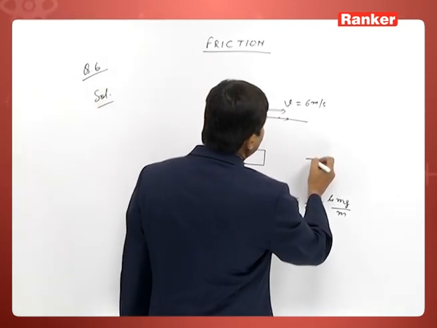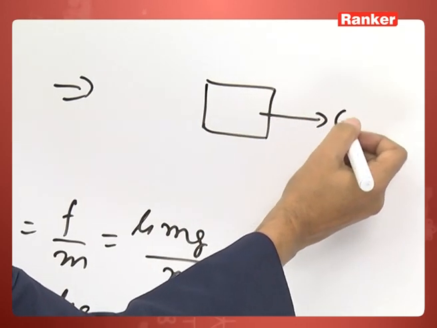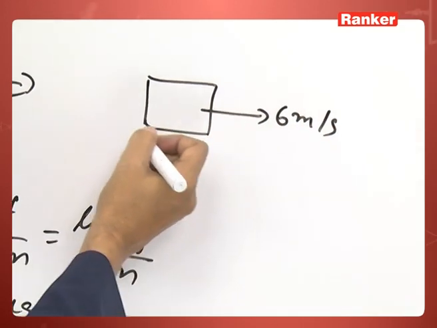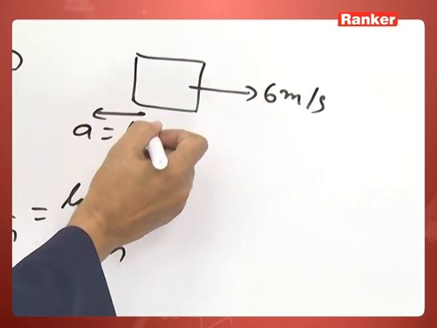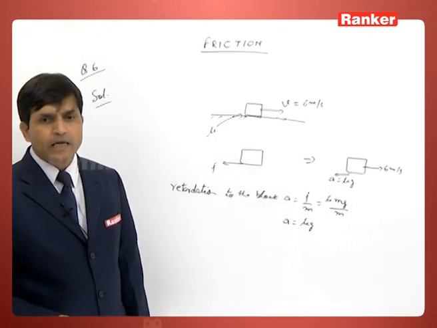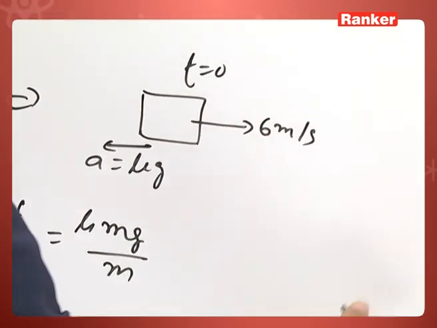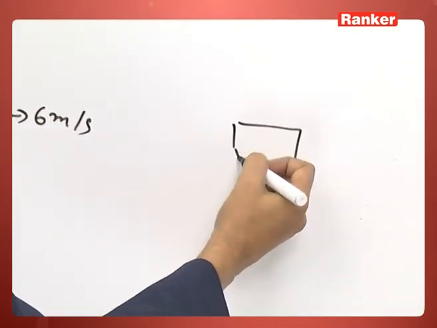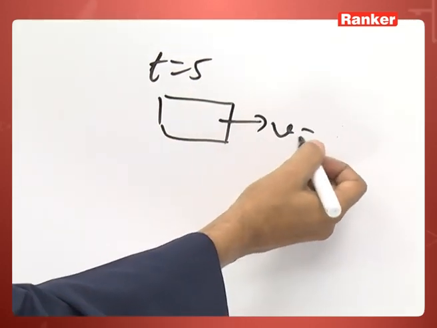So now we can say our block has an initial velocity of 6 meter per second, and in this direction A is acting, which is mu into g. Due to this, the block comes to rest after 5 seconds. This is the instant t equal to 0, and after 5 seconds the velocity of the block will be 0.